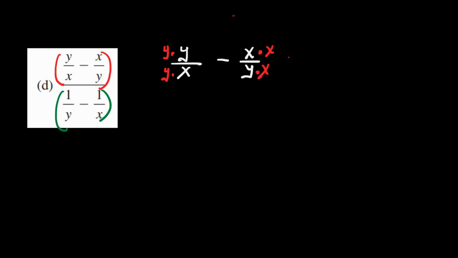So this will be equals to y squared minus x squared over xy over xy. So this is the numerator.